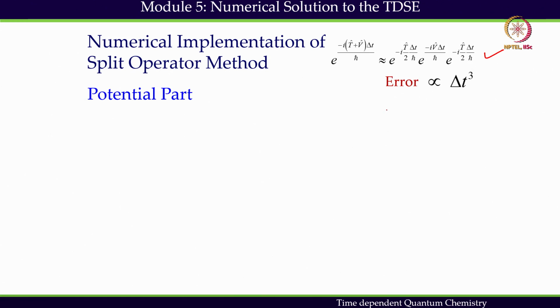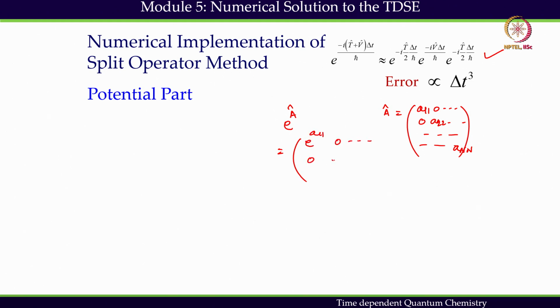Previously we said that if an operator can be represented in its diagonal form, then I can very easily find the exponential of that operator by exponentiating each element, like this. So we need to convert the kinetic energy operator and potential energy operator into the diagonal form, and we have to check what is the general form we get in the grid representation.